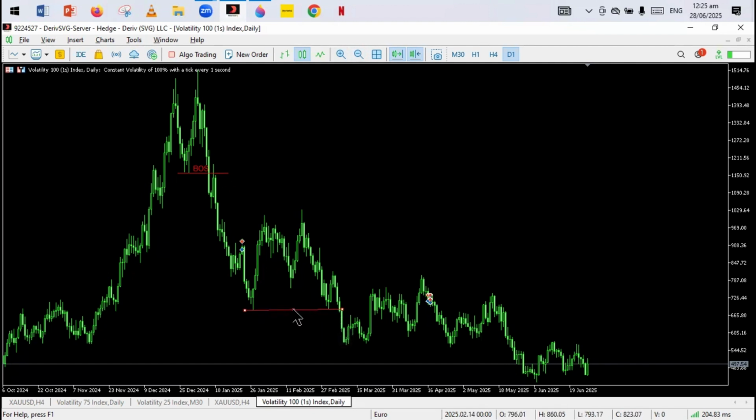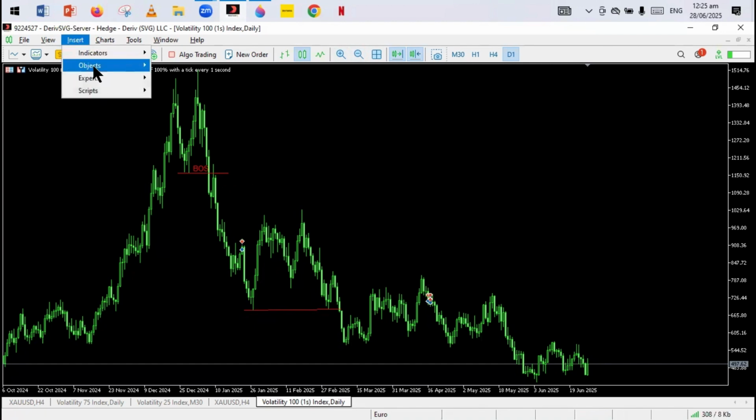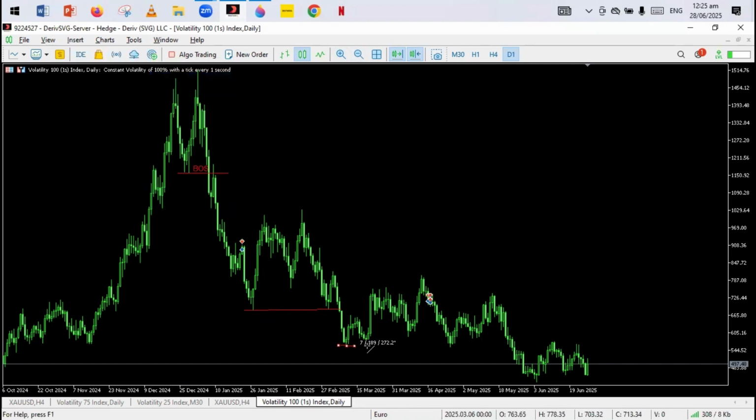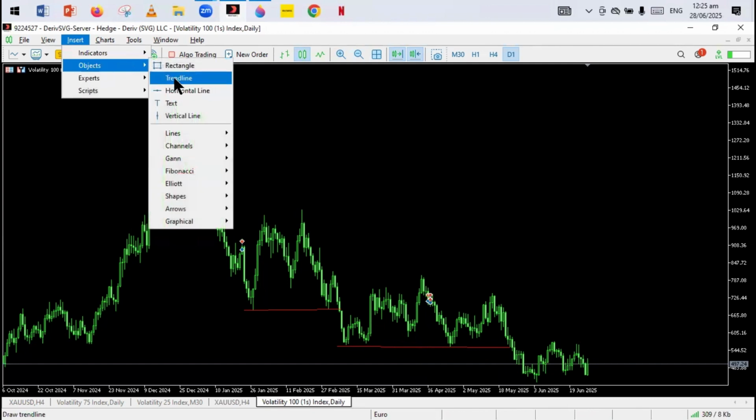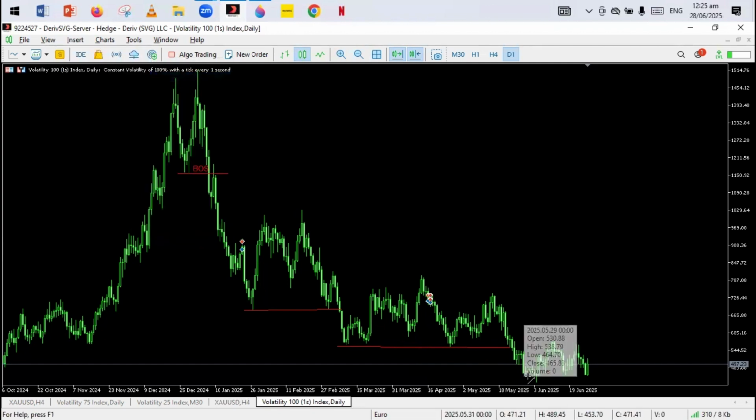There we have our break of structure, and then we have our break of structure there, and then we have there our break of structure. So that is how you can tell the direction in which the market is moving. You need to mark your break of structure to be able to know the direction in which the market is heading.